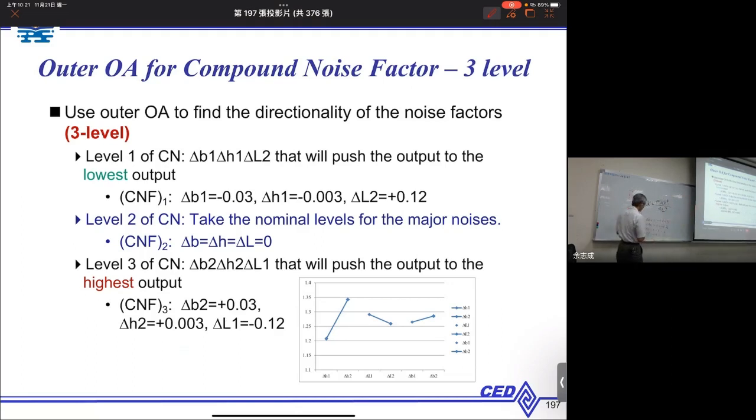Between the lower and the upper, the middle will be 0, right? So in this case, we add another sample where there are no errors at all. So we can have 3 compound noise levels if the situation requires, such as if your output distribution is highly nonlinear, you might need 3 levels of noise factors.